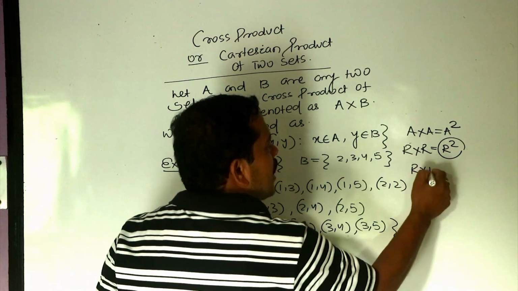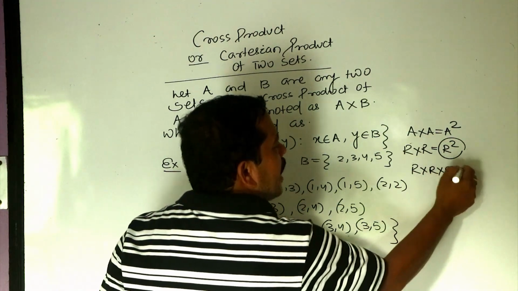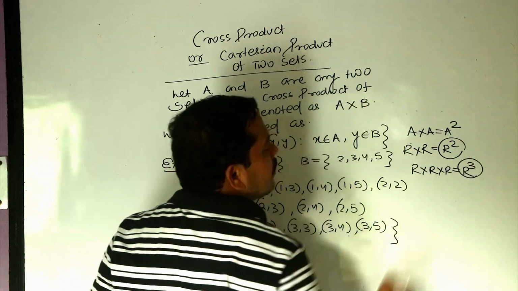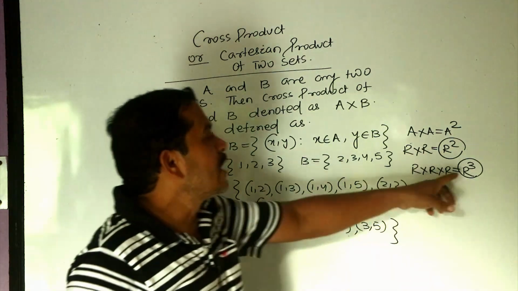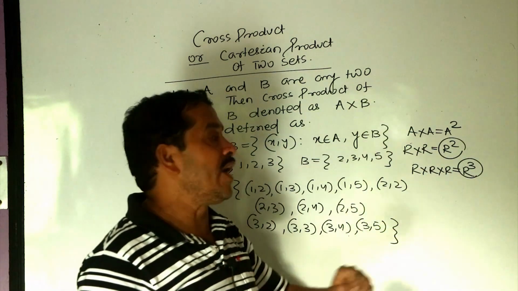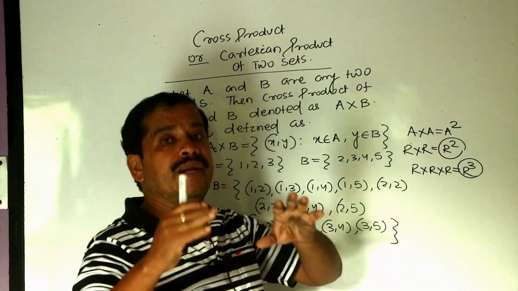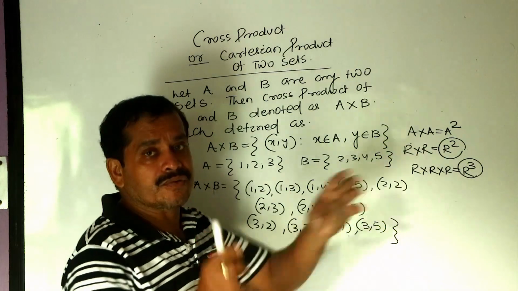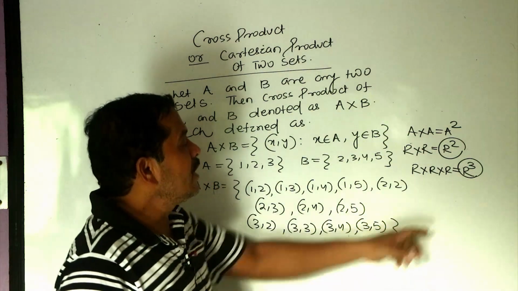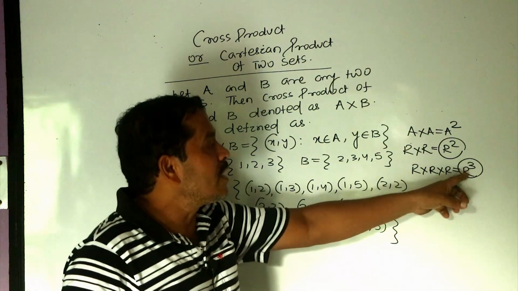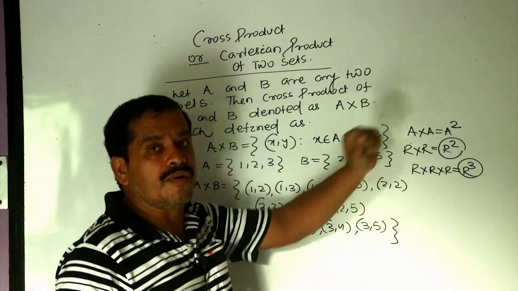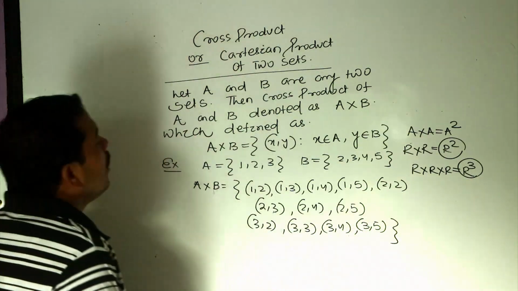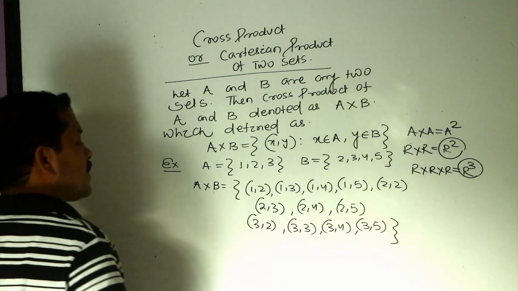If R cross R cross R is read as R cube, that is three dimensional. R cube contains elements with three components, while R square contains elements with two components. Here all the elements of R square are ordered pairs, but in R cube each is a triplet. It contains three components, while the pair contains two components. So that is the cross product of sets.